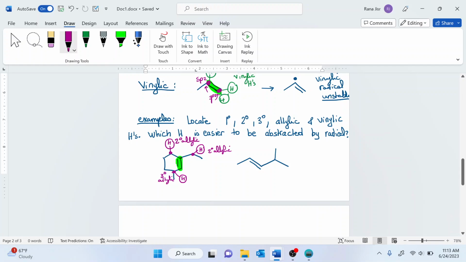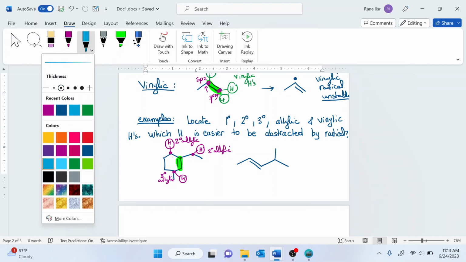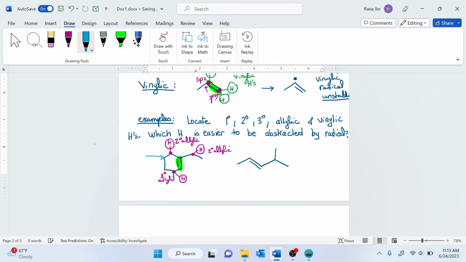So allylic radicals are the most stable here because on the other end you have a regular secondary carbon. So you are going to end up here having a secondary hydrogen over here. This is a secondary hydrogen as well. So these two are going to be secondary hydrogens. If I want to compare the stability of a secondary hydrogen versus a secondary allylic, then the secondary allylic will have a higher possibility for a radical to come and take it rather than those secondary hydrogens.